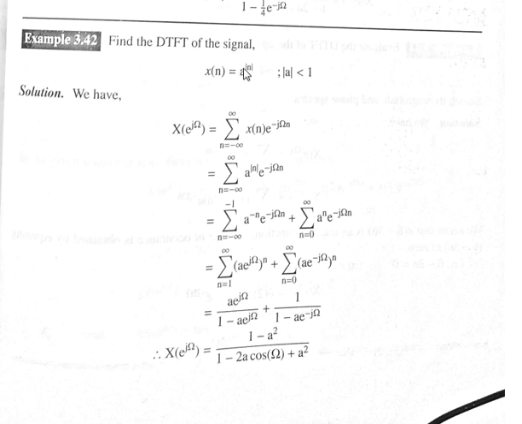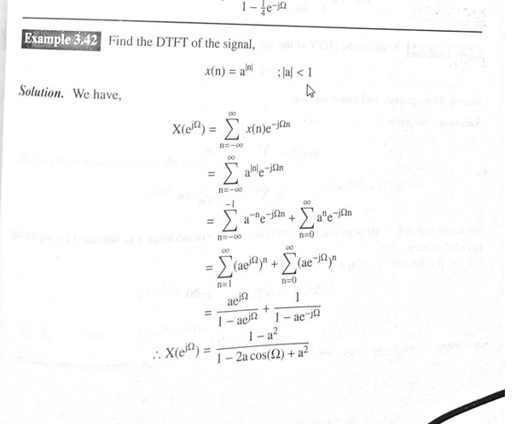The very important problem in DTFT is this one. x of n is equal to a to the power magnitude of n, where magnitude of a is less than 1. Now X of e raised to j omega is summation n from minus infinity to plus infinity x of n e to the power minus j omega n. So here we will substitute a to the power magnitude of n and e to the power minus j omega n.